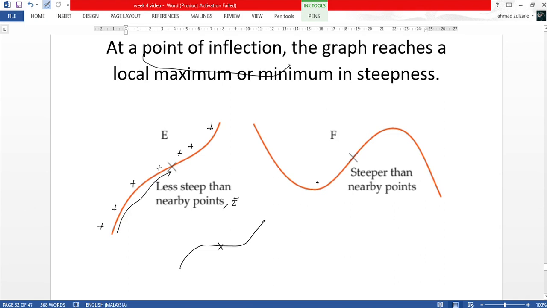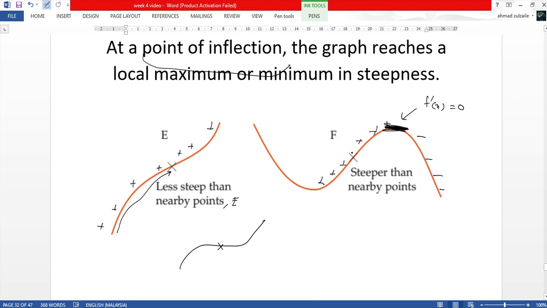Tengok sini, they start climbing up, tapi when they reach the point of inflection, they dah start slowing down, sebab kat atas ni ada satu lagi stationary point. Otherwise kalau they maintain the gradient over here, they will never stop at this stationary point. Dia nak stop sebab kat sini f prime x is equal to 0, meaning dia kena stop sekejap, like ada transition, sebab stationary point ni equal to turning point kan, from positive gradient become negative.